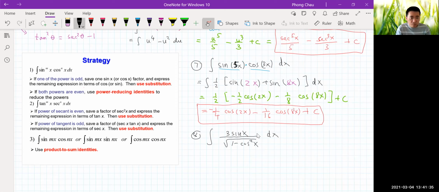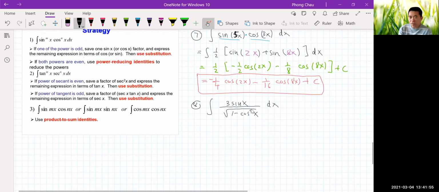And likewise, number 8, if you look at the strategy here, it doesn't quite fit into any technique here. So that's why I say we must keep in mind why it works and understand why it doesn't work, why we do substitutions or why we change the power. Now in this case, I still see sine, I still see cosine involved, so sine and cosine together, that's nice.